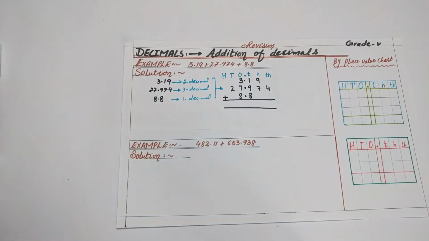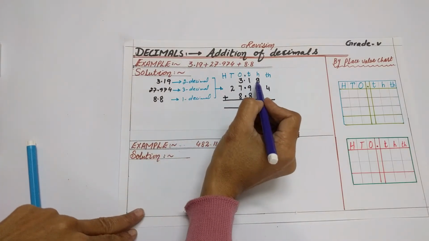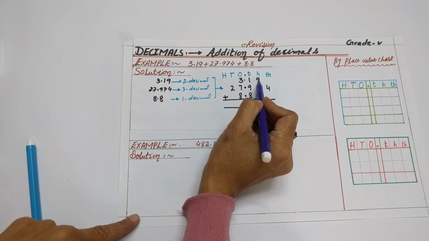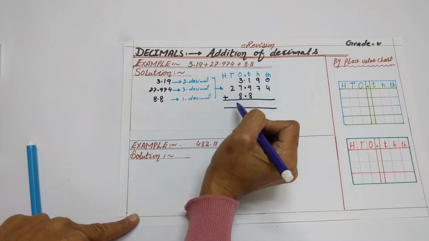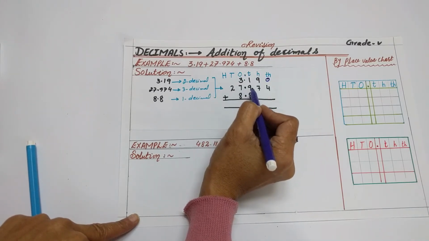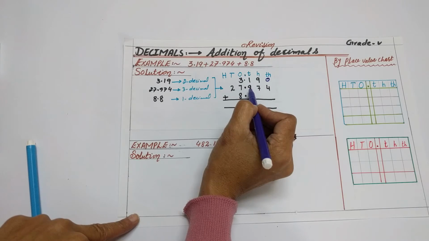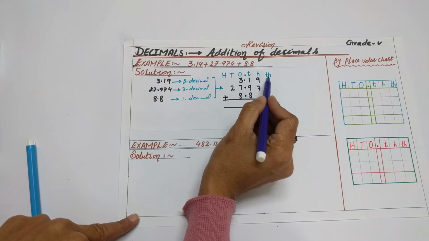As you can see very clearly, the thousandths place is missing in the first number, 3.19. We have digits up to the hundredths place, so the thousandths place is missing. It means our thousandths is 0. In the second number we have all three places: 9 tenths, 7 hundredths and 4 thousandths.